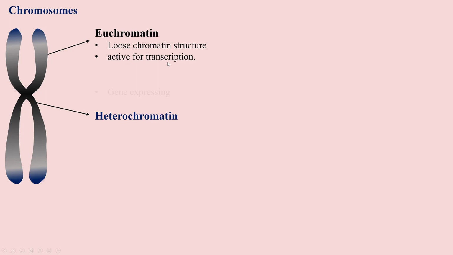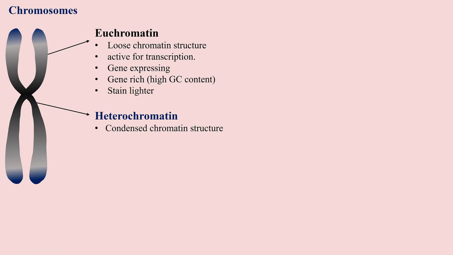The unfolded structure allows gene regulatory proteins and the RNA polymerase complex to bind to the DNA sequence, which can then initiate the transcription process. In G banding, euchromatin stains very faintly due to its loose form, and this region also contains high GC content, while heterochromatin is a more tightly condensed version and inactive for transcription.